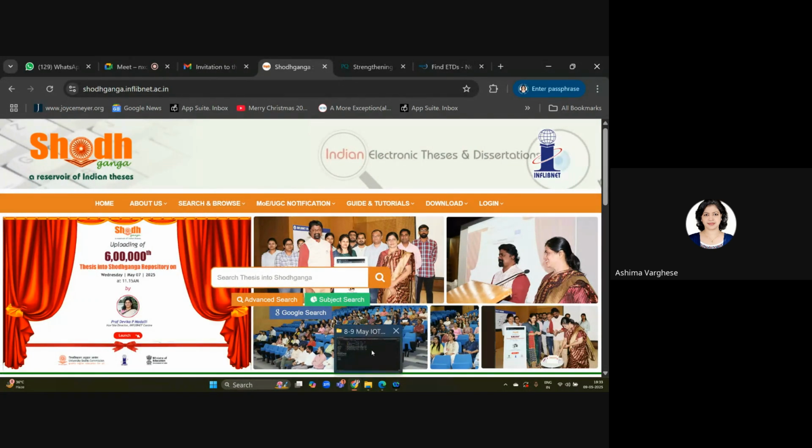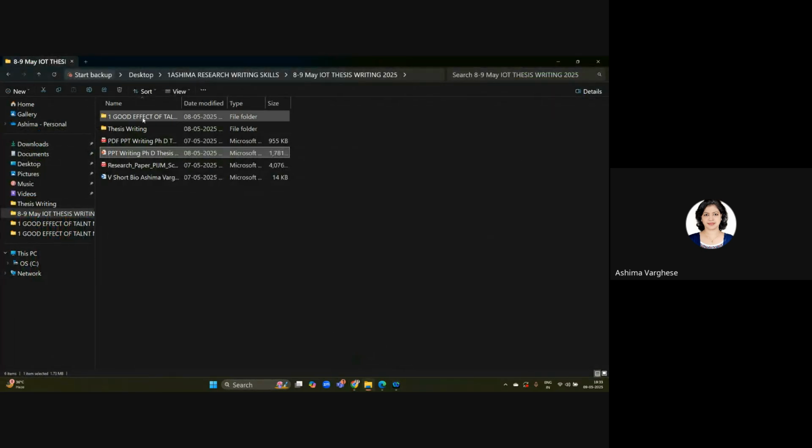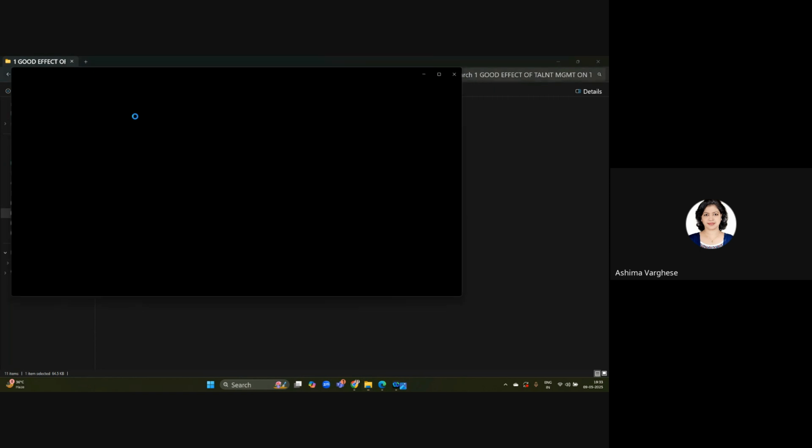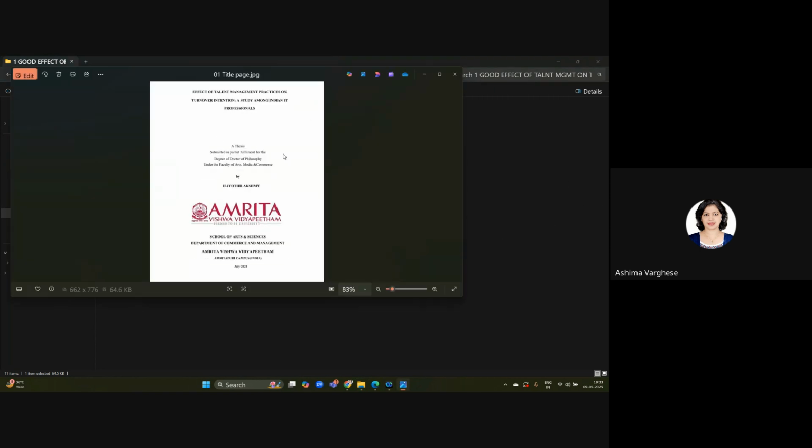Yesterday I showed you a typical model thesis, effect of talent management on turnover intentions. Do you remember? Yesterday we went through this title page, effect of talent management practices on turnover intentions, a study among Indian IT professionals.